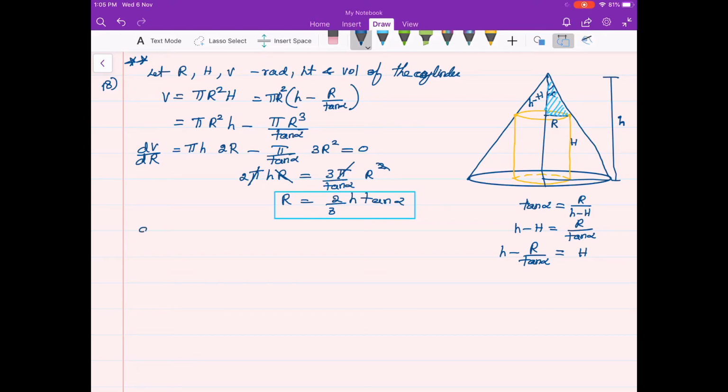Let us do the second derivative test. d square v by dr square is equal to 2 pi h, which is a constant, times the derivative of r with respect to r, which is 1, minus 3 pi by tan alpha, which is a constant, times the derivative of r square, which is 2r.